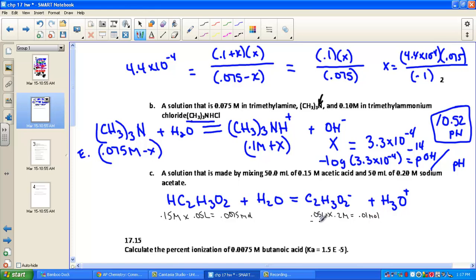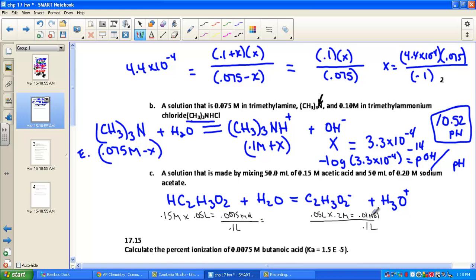We just have a new combined volume. So I just really think about the number of moles of acid. Instead of 50 mils of an acid and 50 mils of the salt, what we're now doing is diluting it. So 50 and 50 is 100, so that's 0.1 liter. And that'll be 0.1 liter as well, a new combined volume.